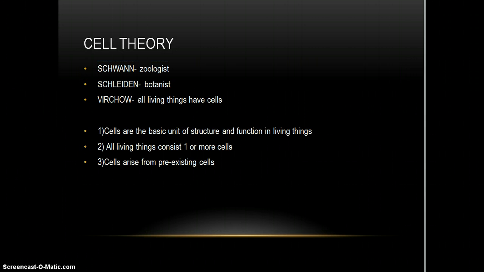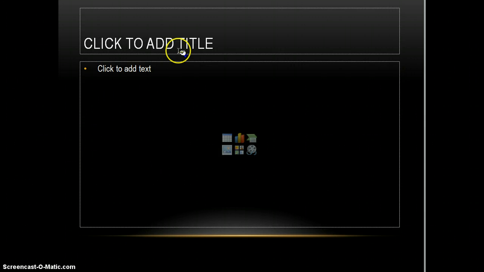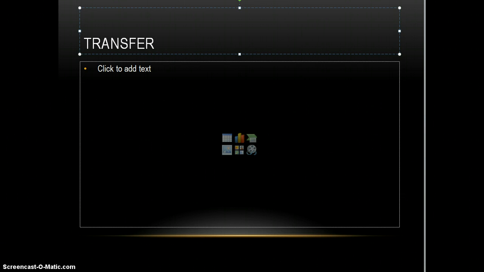The 4th characteristic of living things is transfer of energy and interrelations. What this describes is how energy is transferred from one level to another and how this impacts the whole ecosystem.